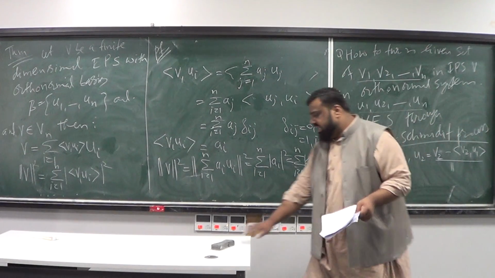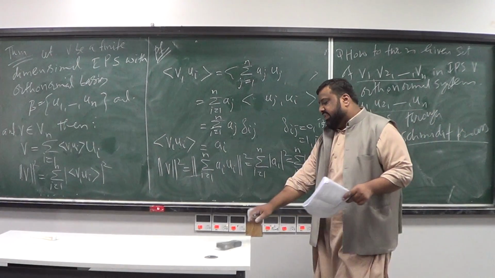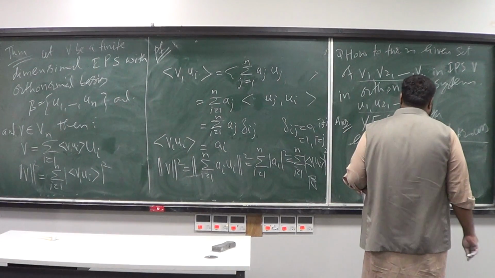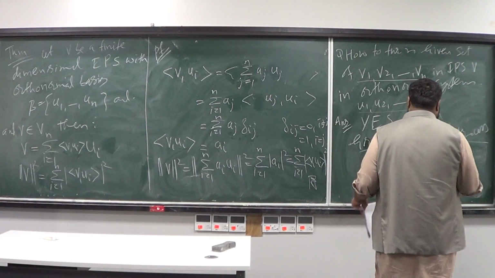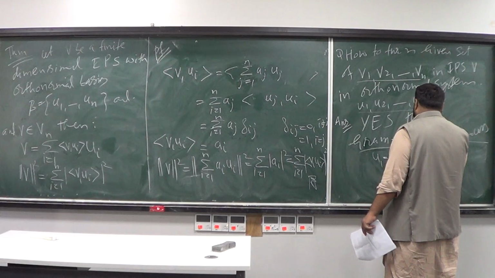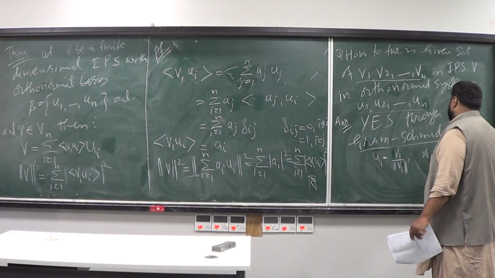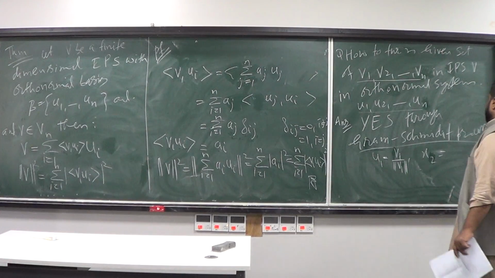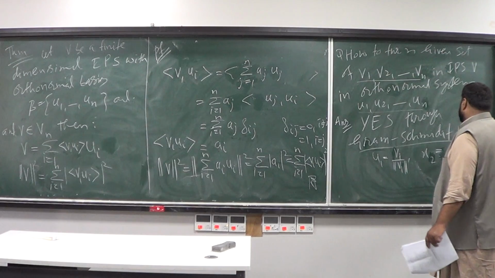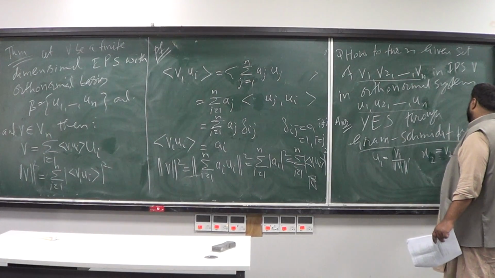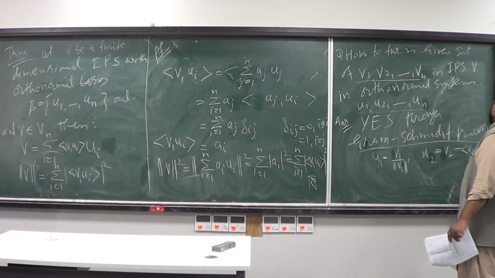Shall I write it in a slightly different way? Say I first calculate a vector x2, and then x2 is v2 minus the inner product of v2 with u1.